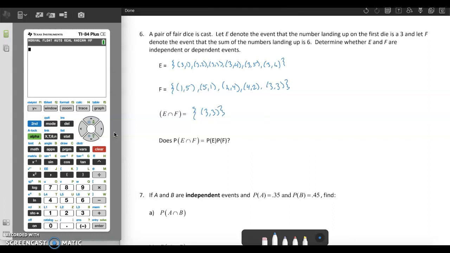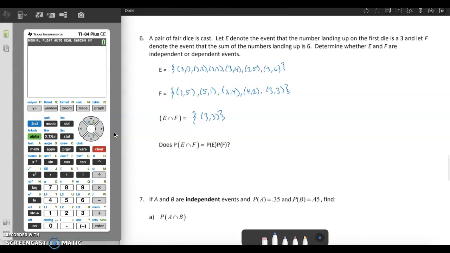Let's find their probabilities. What's important when we're finding these probabilities is to remember again that there are 36 different outcomes if you're rolling 2 die. So the probability of E happening, out of the 36 possible outcomes, we wrote down 1, 2, 3, 4, 5, 6 that applied here.